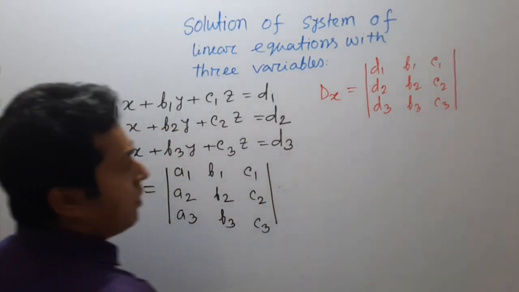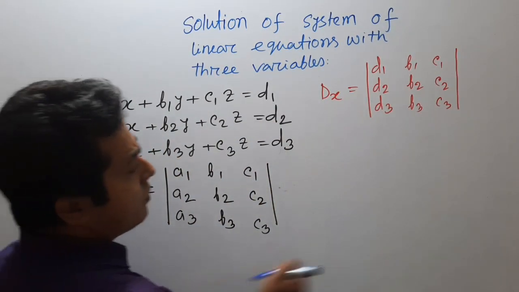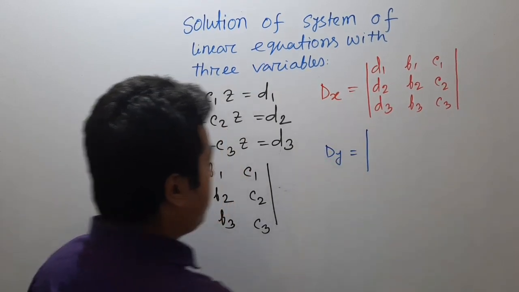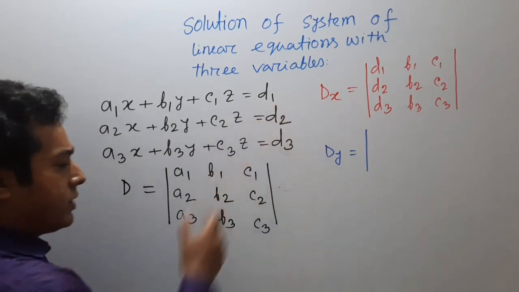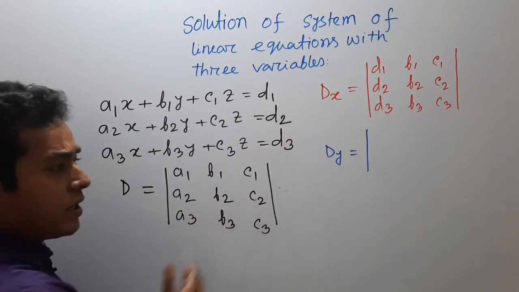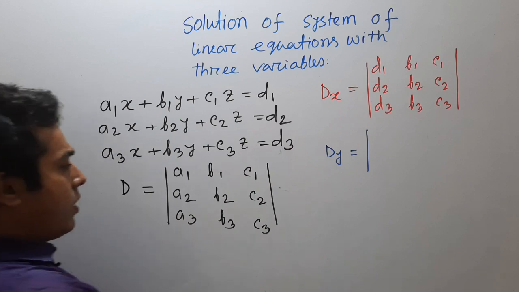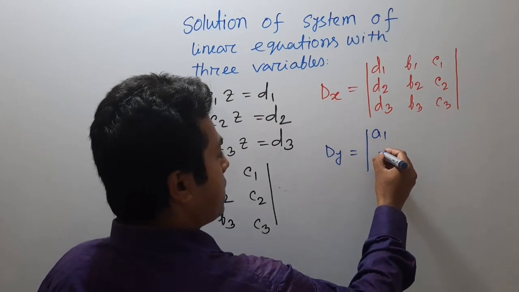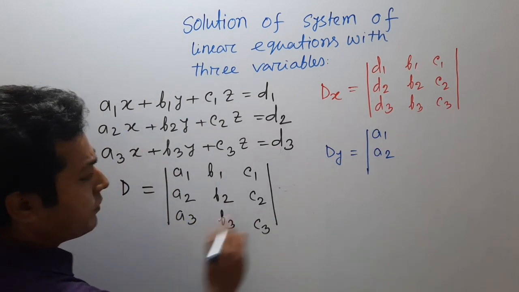Okay, now Dy is equal to, the coefficient of y is replaced by the constant terms, and the other two columns will not be changed. So a1, a2, and a3.